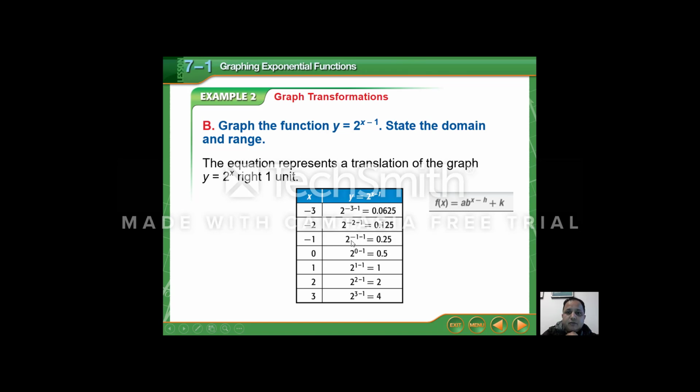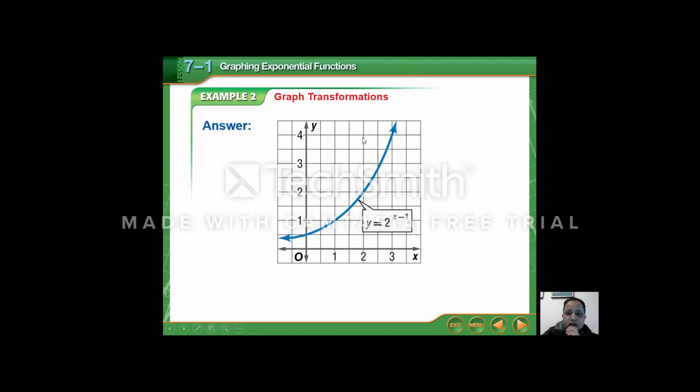Similarly, you can take the table values, plot the graph and get the values. For this one, the domain would be all real numbers. Since you don't have k, which determines the vertical shift up and down, the range will be all positive real numbers, above 0. So this is how the graph would look.